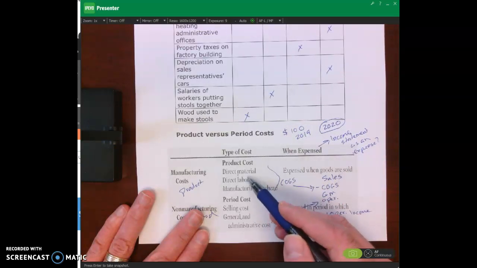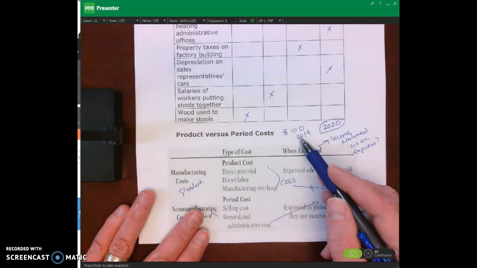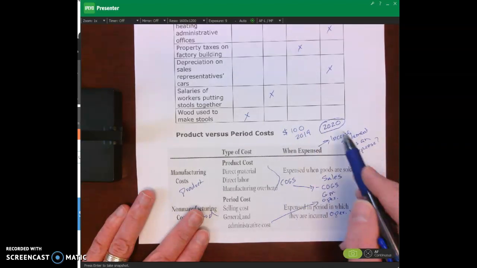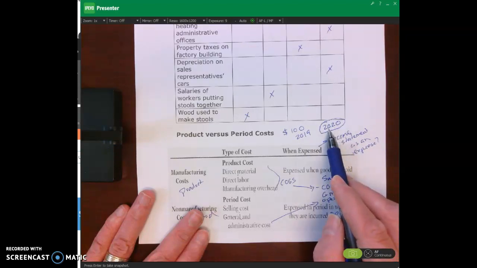I paid the labor, paid for the materials, had incurred the manufacturing overhead in 2019. I incurred it in 2019, but I didn't sell the table until 2020, so therefore it does not show up in cost of goods sold on the income statement until 2020.